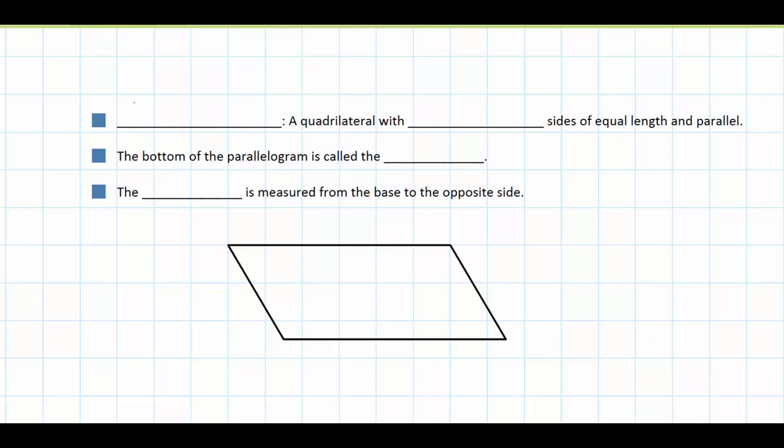Parallelogram. A quadrilateral with opposite sides of equal length. The bottom of the parallelogram is called the base. The height is measured from the base to the opposite side.